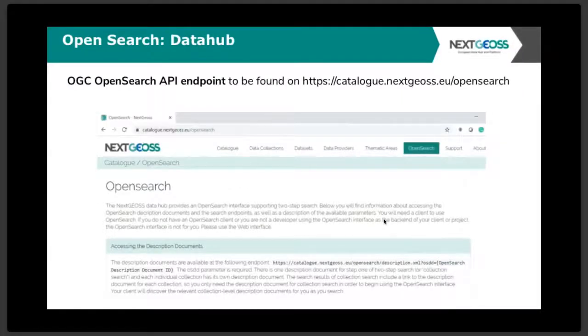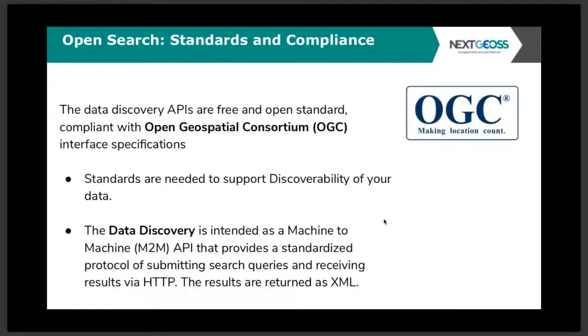As I said, we need the standards in order to provide better data discovery for the users, and we want to provide a better way for them to find the data. And we're taking all of this into consideration while we're building the DataHub itself and the OpenSearch API as well.